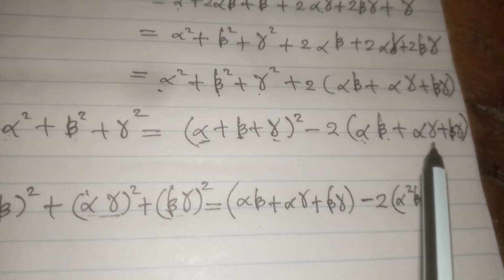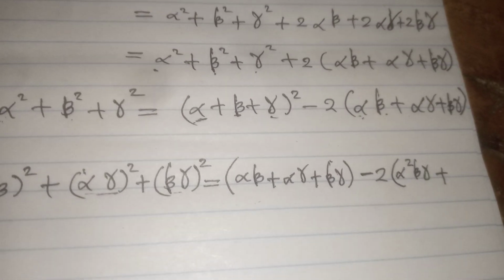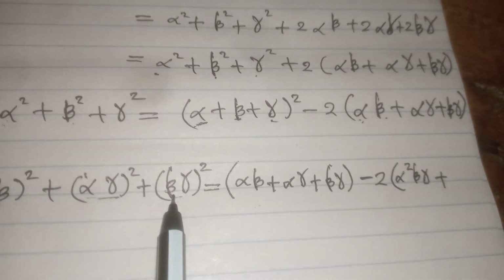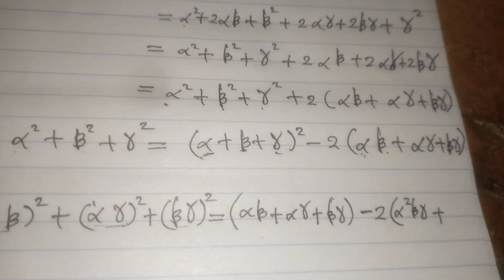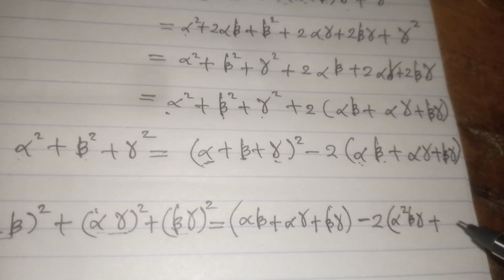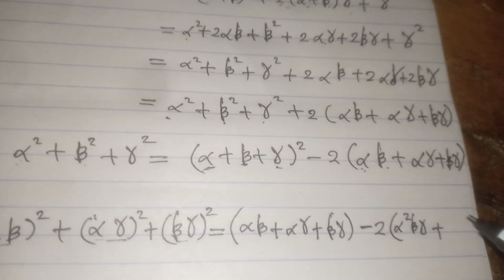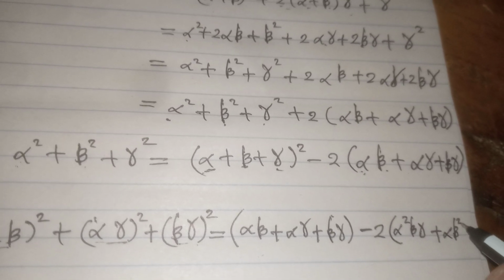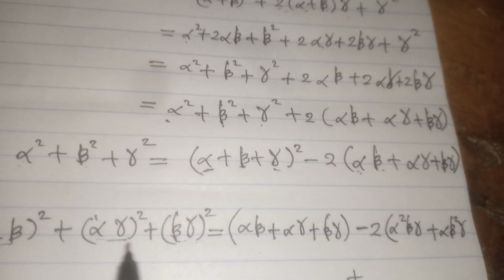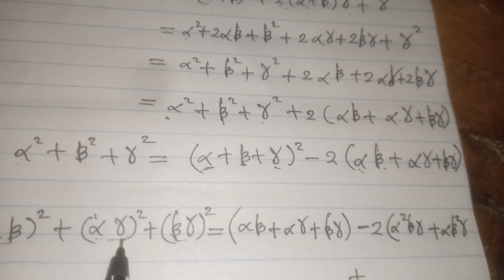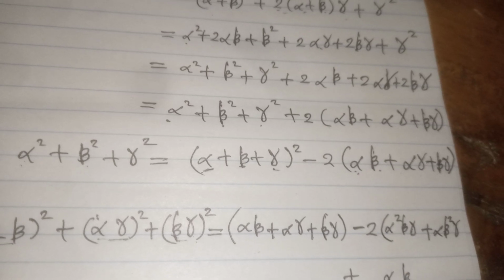Plus, here we multiply alpha beta and beta gamma to get alpha beta squared gamma. Then plus, here we multiply alpha gamma times beta gamma, we get alpha beta gamma squared.